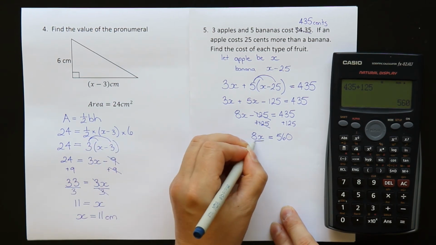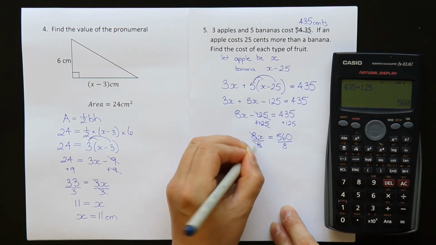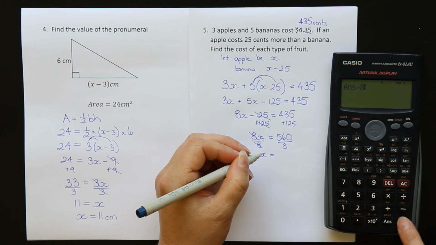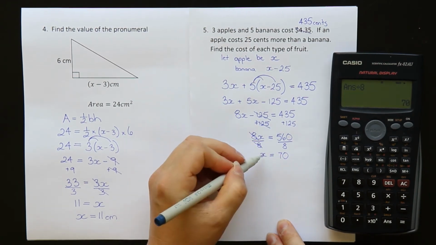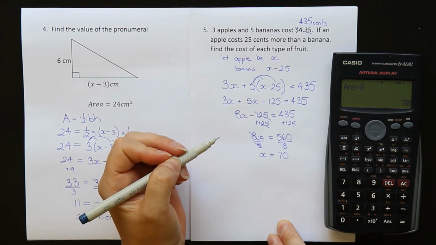Now I need to divide by 8 to get rid of that. So 560 divided by 8 is equal to 70. So I found x. Remember that x is an apple. An apple costs 70 cents.